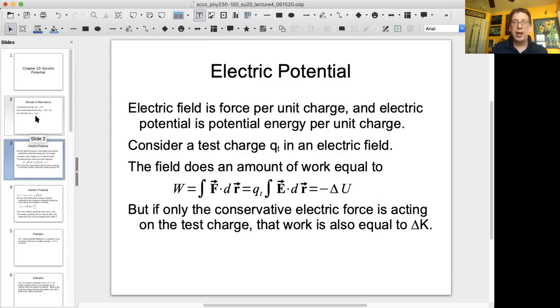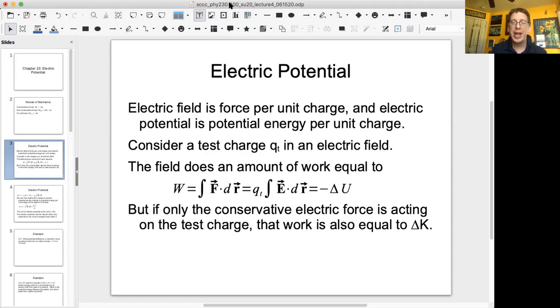The general definition of work, going back to Physics 1, is that work is equal to the integral of the dot product of F and dr, where dr is the differential element of displacement. Now, force is equal to Q times E, so you can also write that as Q times the integral of E dot dr.